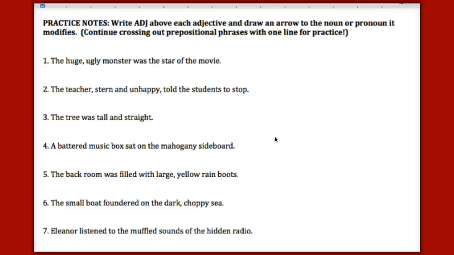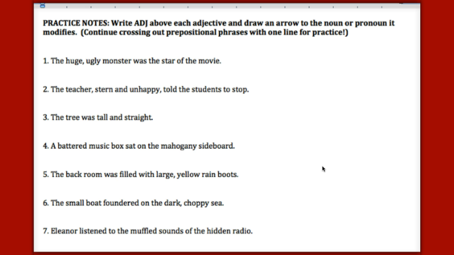What words modify the subject, for example? Right, we have huge and ugly, so we write ADJ above those two words. The teacher, stern and unhappy, told the students to stop. Look for words there that modify a noun or a pronoun. So if you found stern and unhappy to be your adjectives, you are correct.